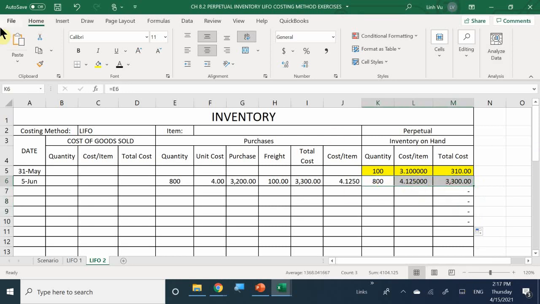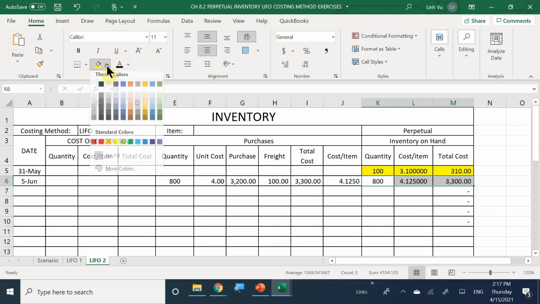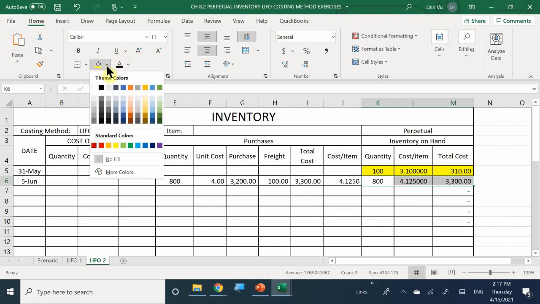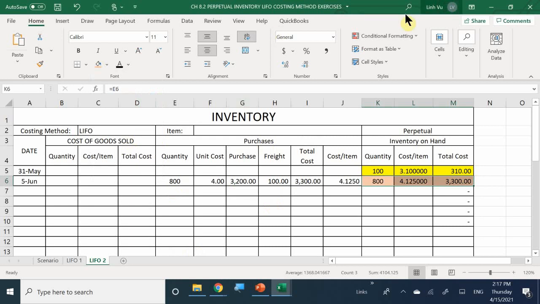What color should I make this one? Pink. Okay, I'm going to do that same salmon color pink. No, let's do darker. Okay, the second one. All right, there you go. Pink.